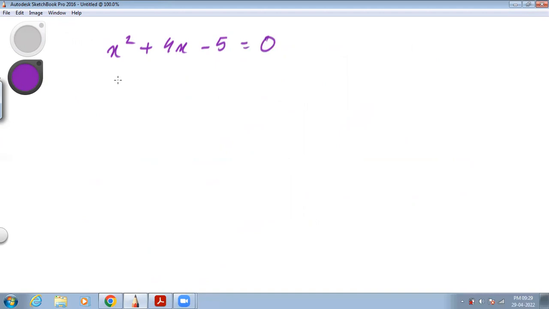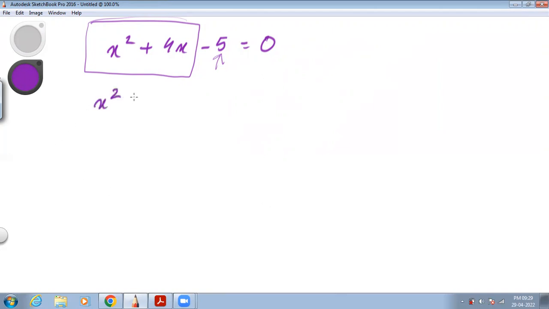Now completing the square, we actually add and subtract a constant on the left hand side such that we can make a square of the equation in terms of a variable x and a linear polynomial square. So this is how actually it's done. Watch this.